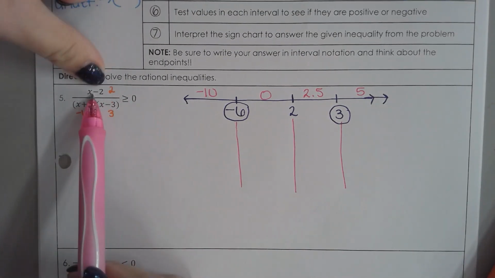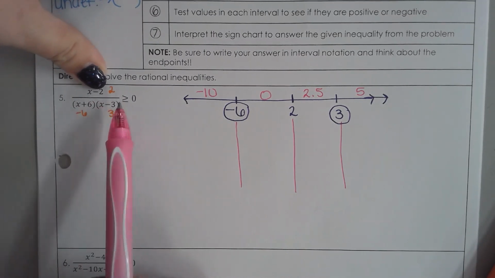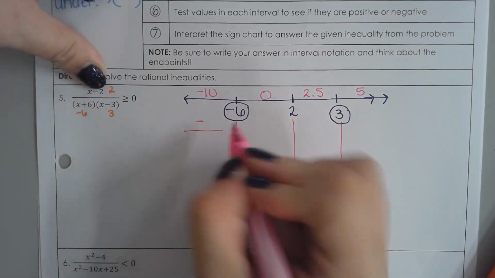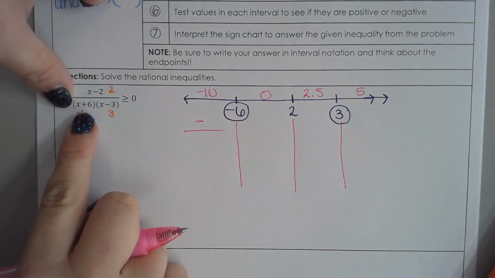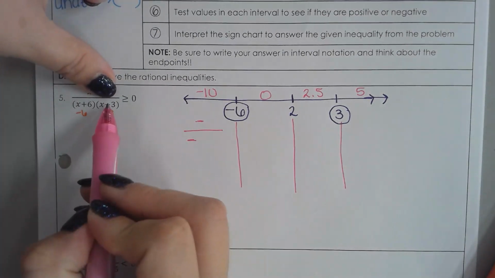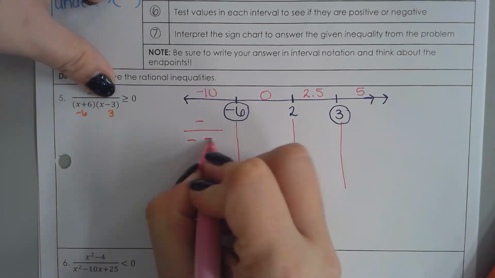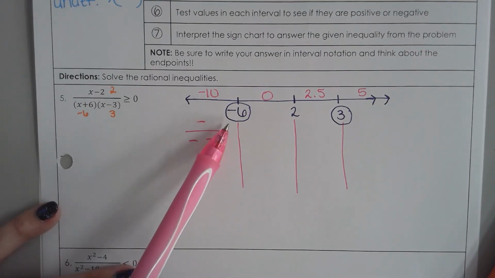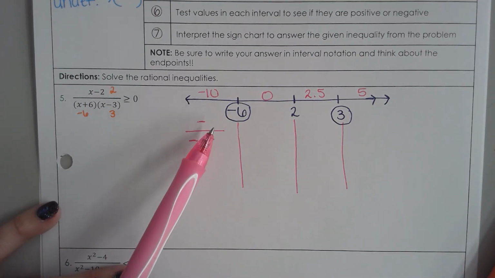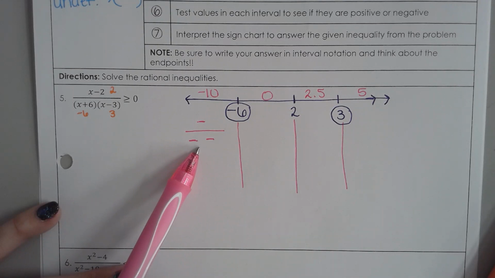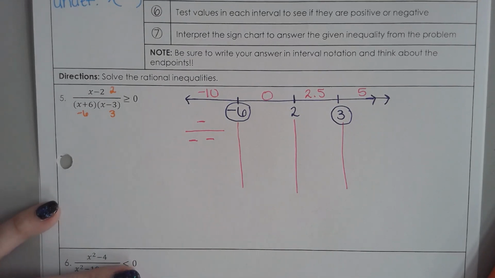So if I do negative 10 minus 2, am I getting a positive or negative? Negative, right? Over negative 10 plus 6. That's negative. Negative 10 minus 3 is negative. So I would have a negative number divided by a positive number. Is my answer going to be positive or negative? Negative.